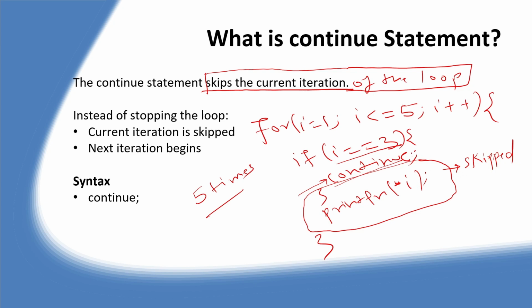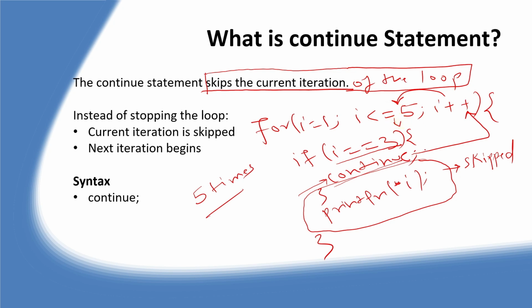So from the line of the continue statement, it will directly go to the increment, and then from the increment again to the condition check, and again the body of the loop.